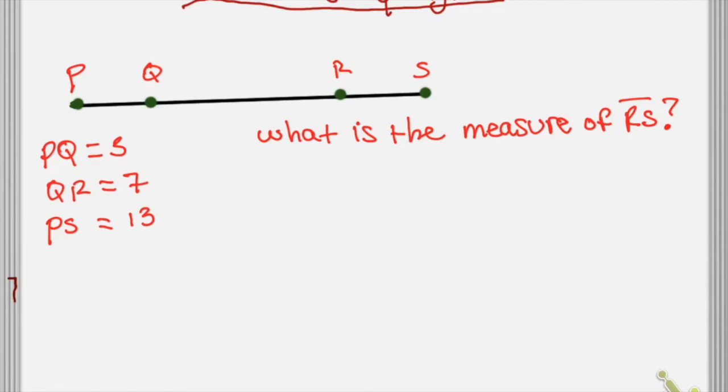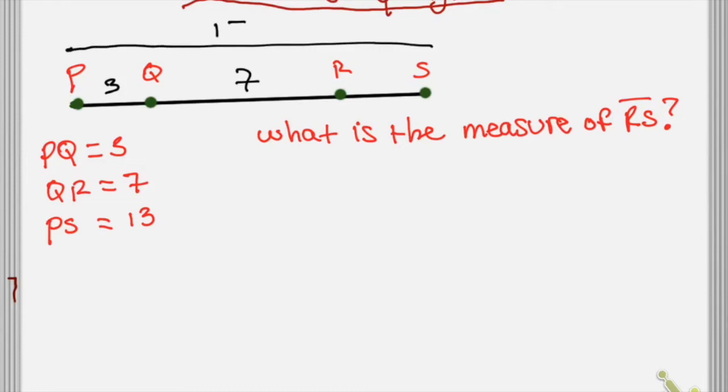So, suppose that we have segment PQ with a length of 3, okay? QR has a length of 7, and PS has a length of 13. PS, notice, is the entire segment here.